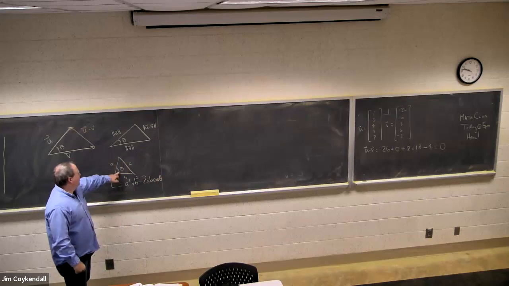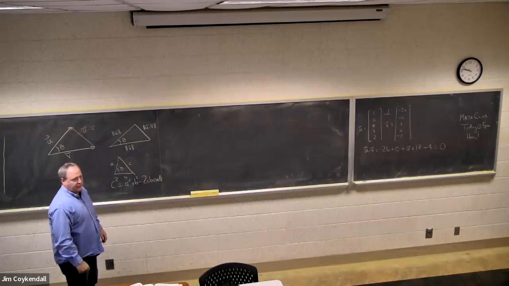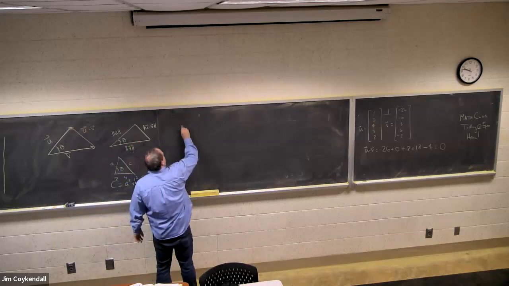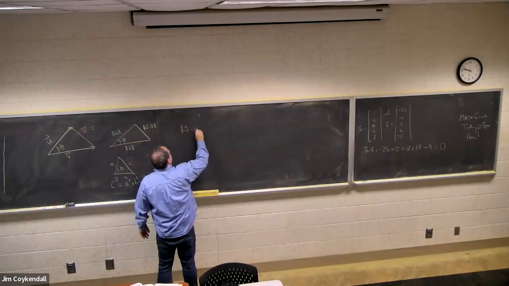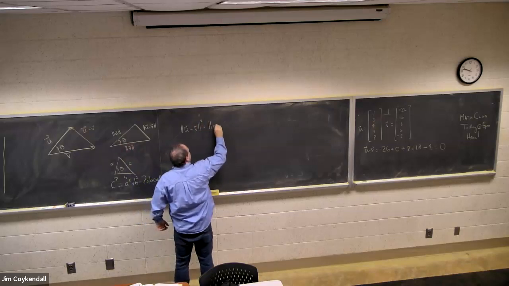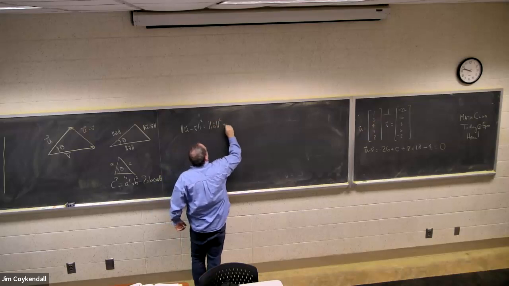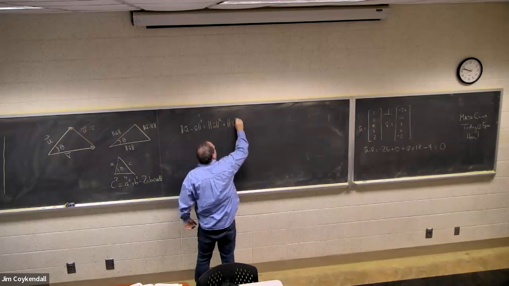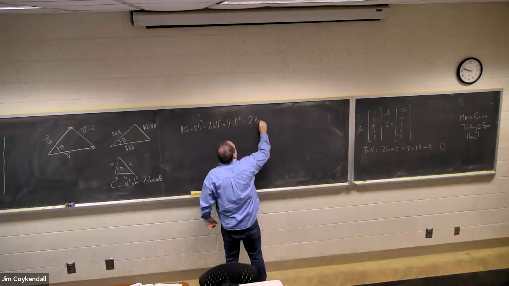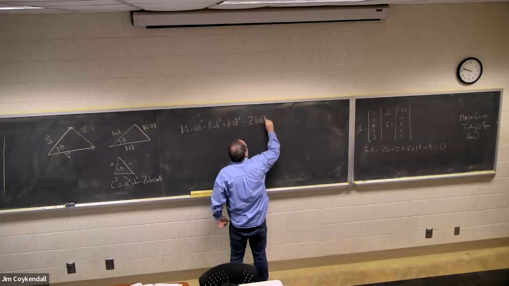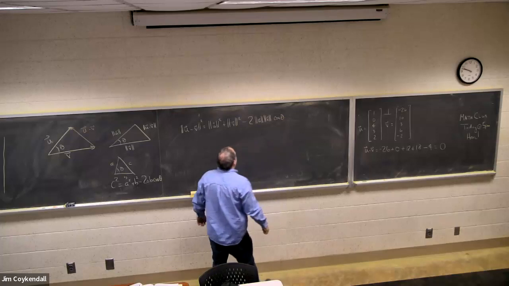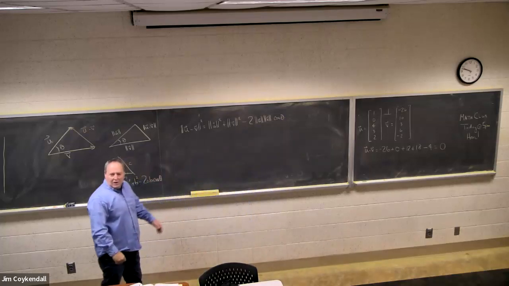And notice if the angle is 90 degrees, this drops out and you get Pythagoras' theorem, right? So I'm going to do that here. u minus v squared, that's c squared, is a squared, so that's length of u squared plus length of v squared, minus 2 length of u, length of v, cosine theta. But theta's the angle between. That's just the law of cosines, right?